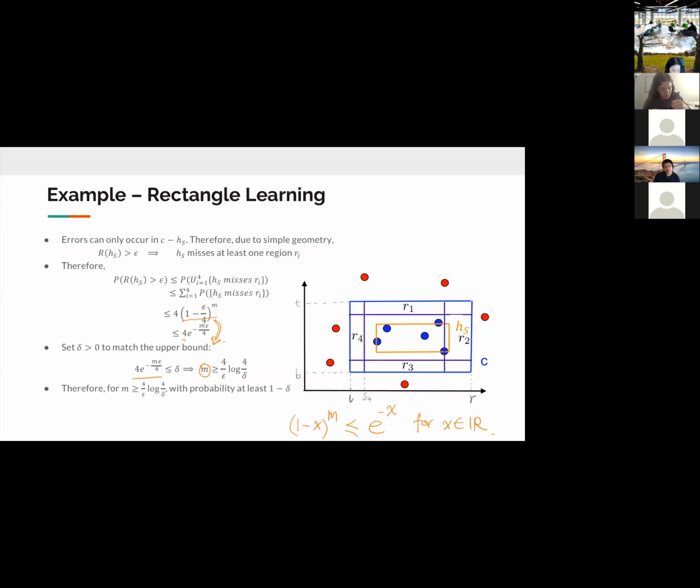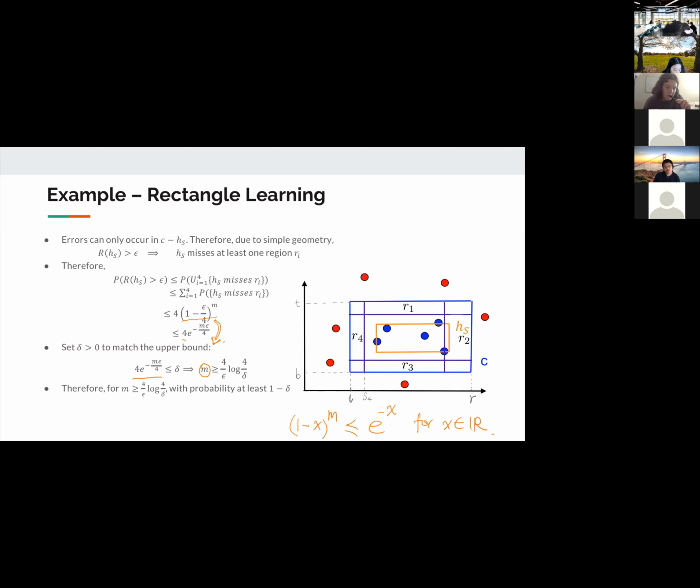So is this clear? Therefore, we can see that for m greater than or equal to (4/epsilon) log(4/delta), this is actually a polynomial with respect to 1/epsilon and 1/delta. So the PAC learnable condition of m being polynomial is fine.